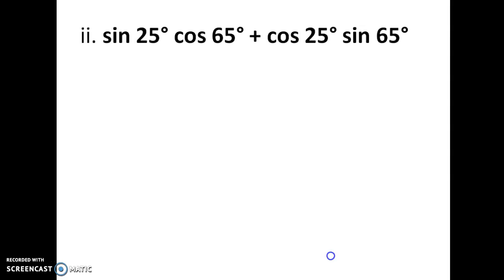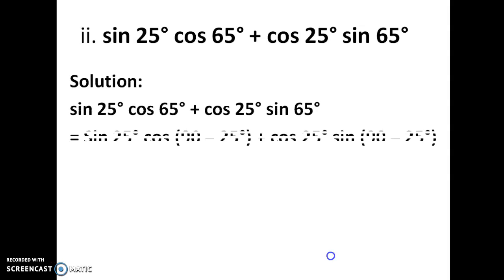The next problem: sine 25 into cos 65 degree plus cos 25 degree into sine 65 degree. Here also, in the same way, use the complementary angles and simplify.